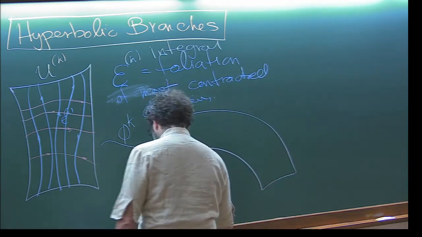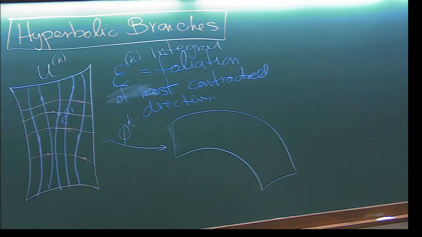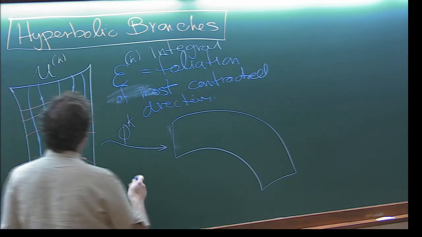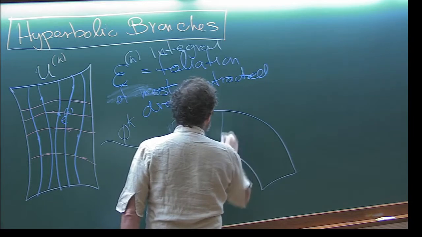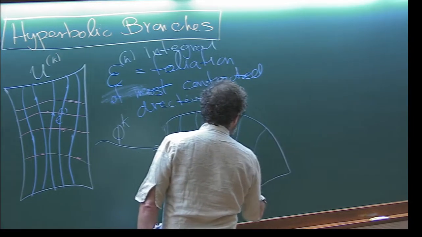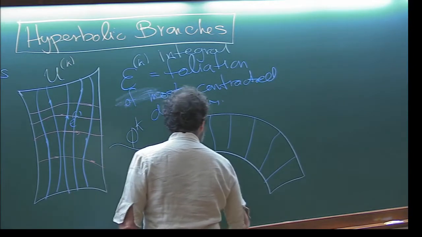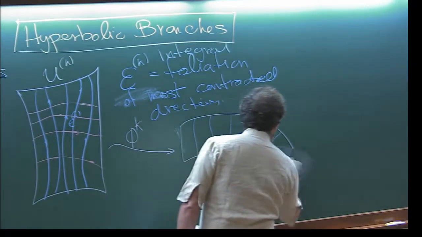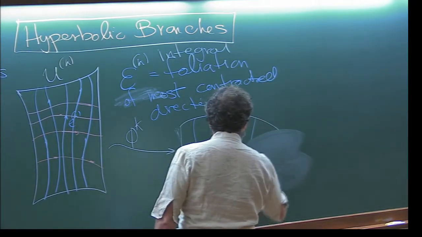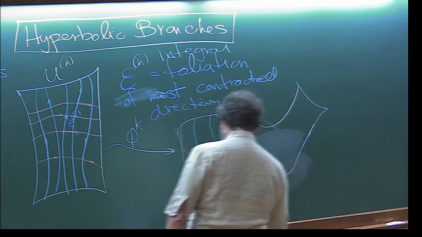But the image of these foliations is also, because of what we just said, two families of orthogonal foliations, which does not mean that this thing cannot bend. This is a little bit counterintuitive, but obviously you can have orthogonal foliations with some kind of curve like this.